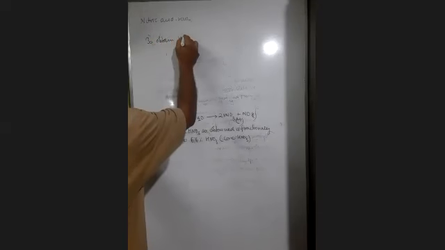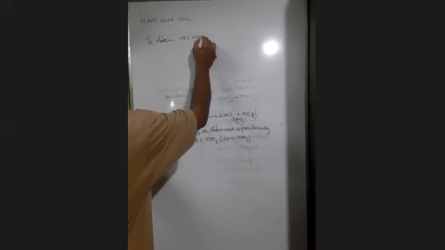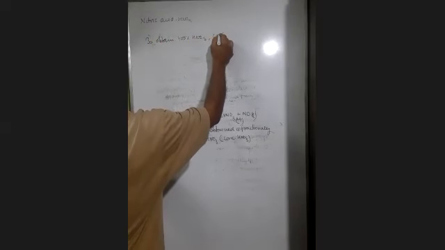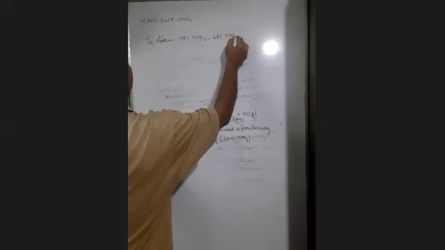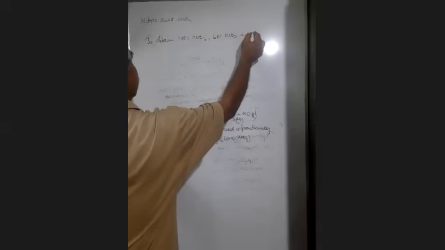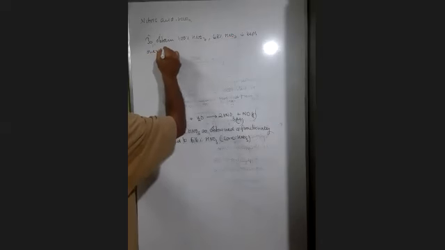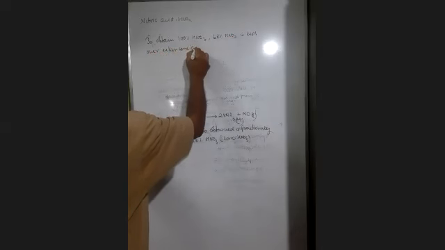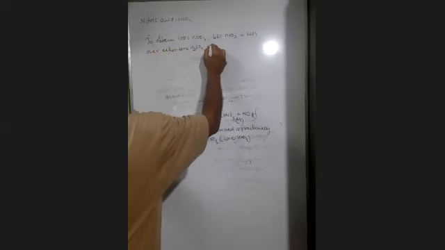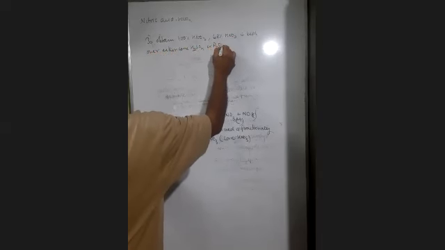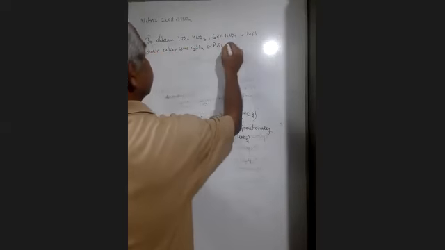To obtain 100% HNO3, 68% HNO3 is kept over either concentrated H2SO4 or P4O10, phosphorus pentoxide. These are very strong dehydrating agents.